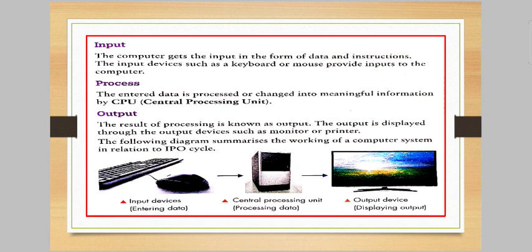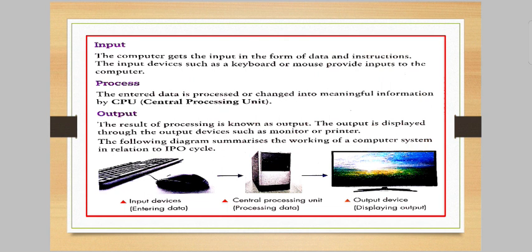So input means we give instruction to the computer in the form of data or information. And input devices such as keyboard or mouse provide the inputs to the computer. That means input devices like keyboard and mouse help us to input instruction to the computer.